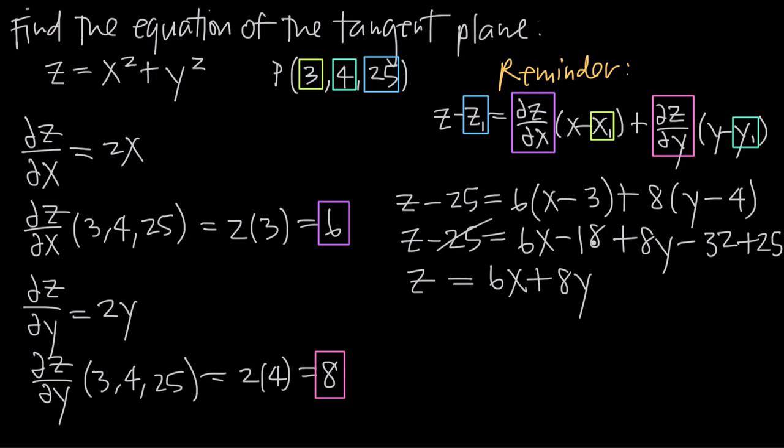Now we have negative 18 minus 32, that's negative 50, plus 25 is negative 25, so we end up with minus 25. And this, z equals 6x plus 8y minus 25, is the equation of the plane that's tangent to this function at the point (3, 4, 25).